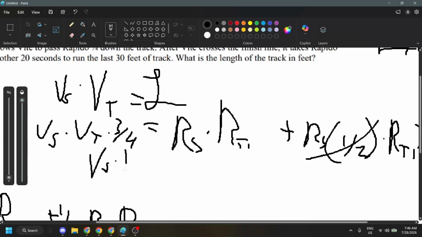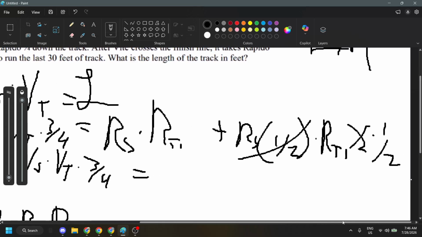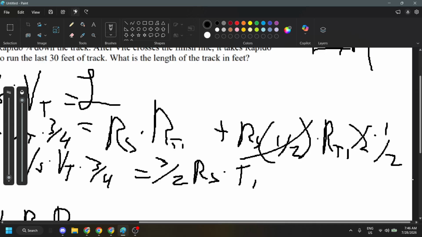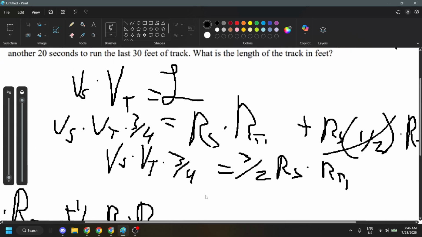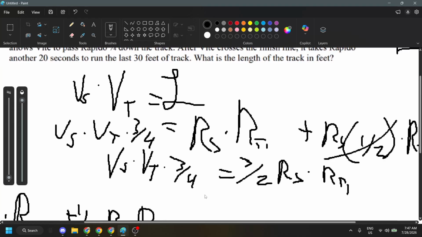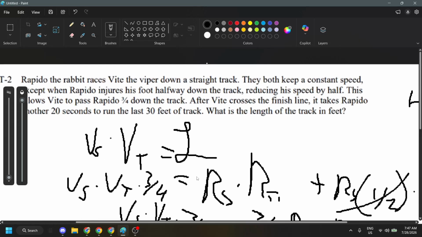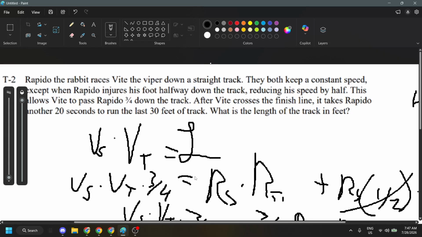So we have Viper speed times Viper time times 3/4 is equal to 3/2 rabbit speed times rabbit time 1. And rabbit time 1 is the time it takes him to get halfway down the track.